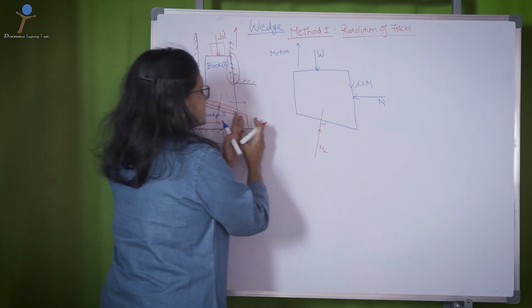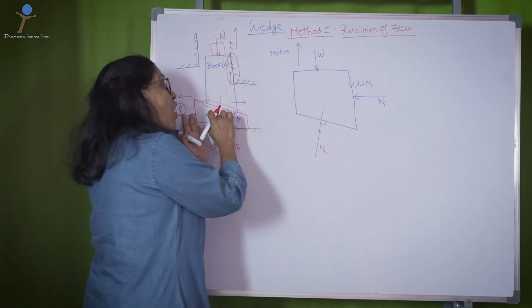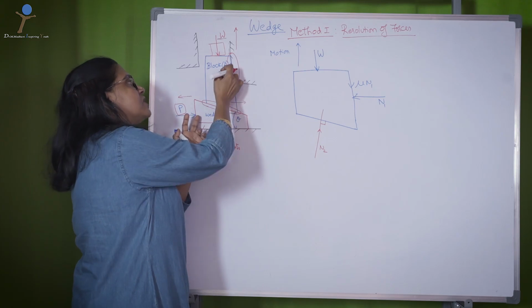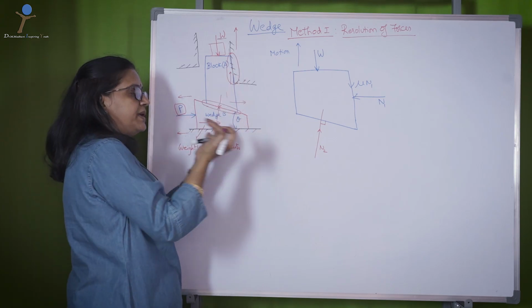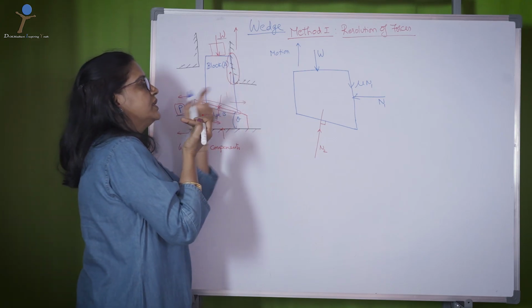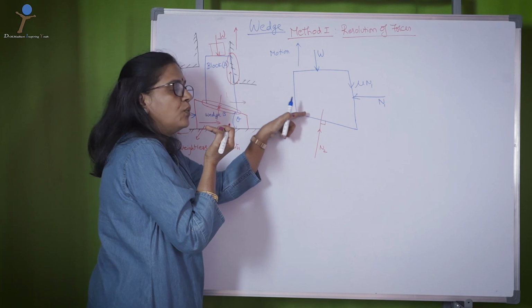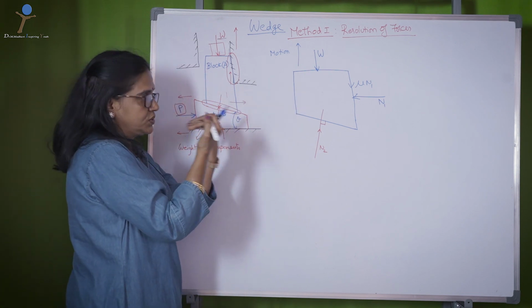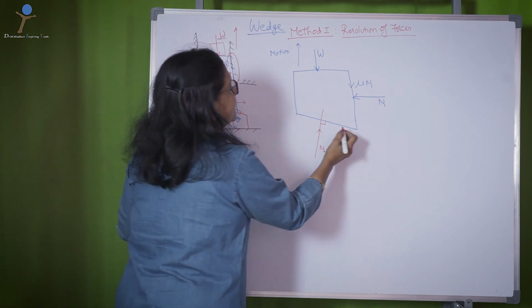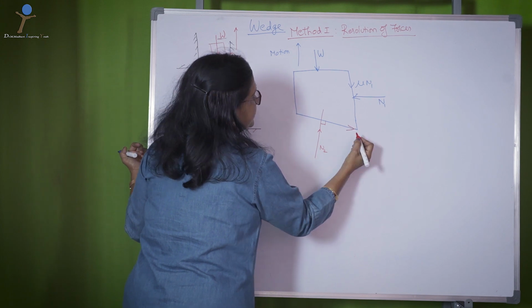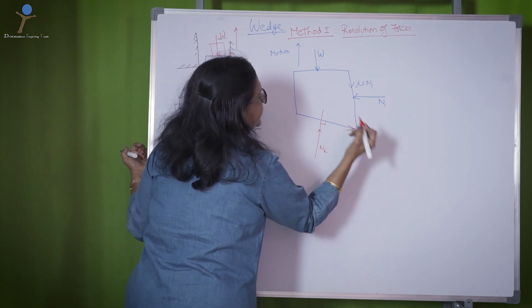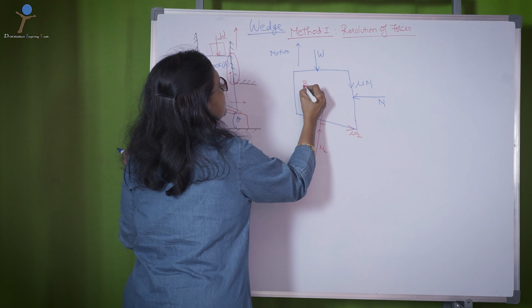Since the wedge is moving this way, the frictional forces on the wedge caused by the block and the ground surface will be leftward. So, the frictional force on the block would be opposite to this force, that is towards right. So, the frictional forces are mu N2. This is block A.